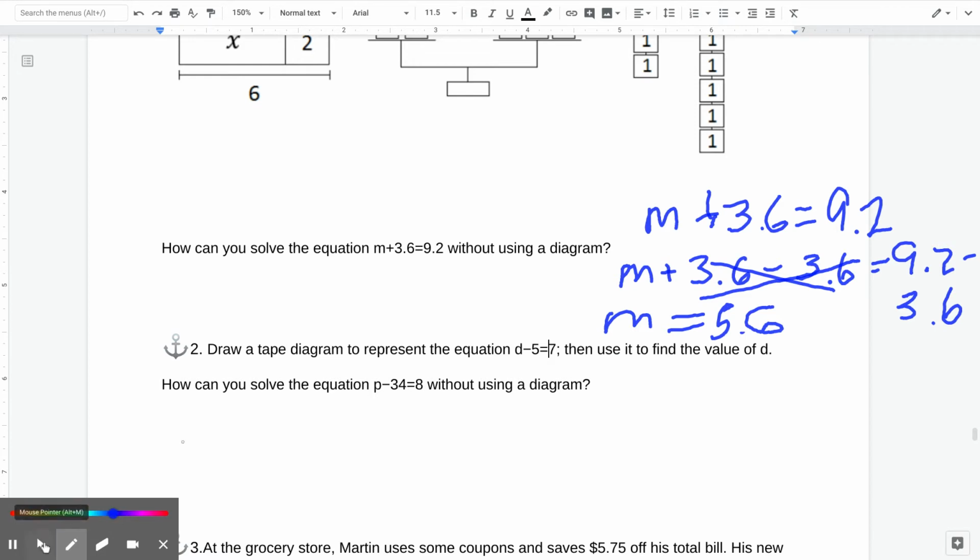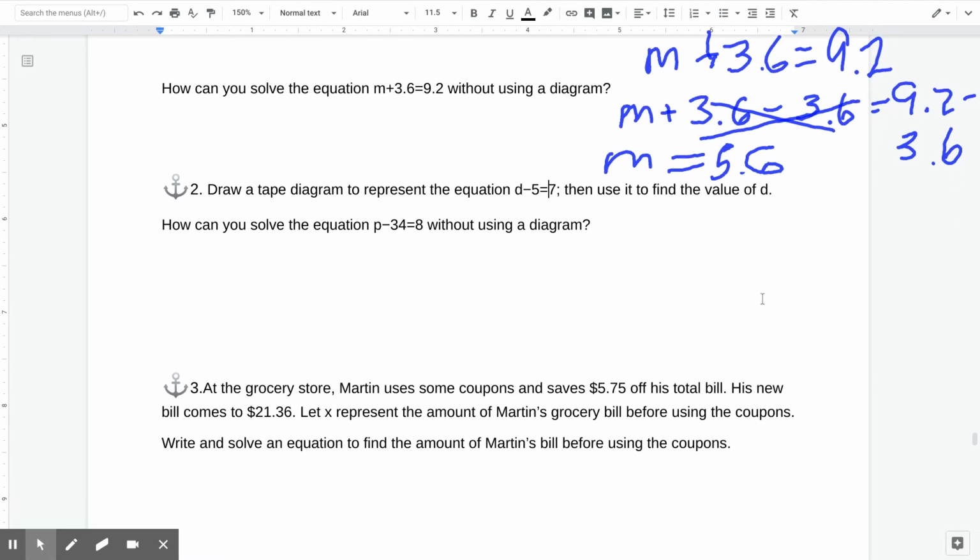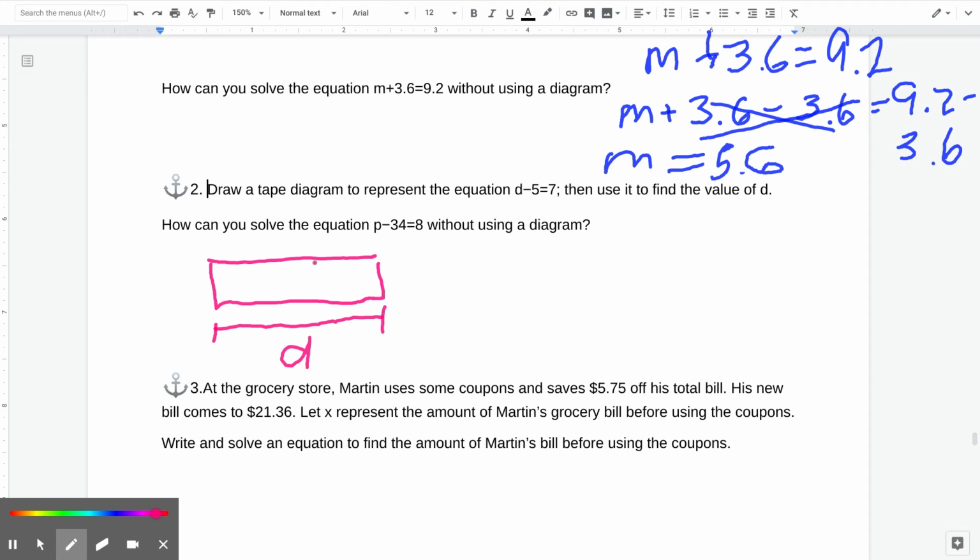Taking a look at this next section, actually on Anchor Problem 2 now, we're going to draw a diagram to represent the equation, and then we're going to use it to find D. So let's see here. If we have a value, D is the whole in this case, and we are subtracting, so I'm going to shade that in there.